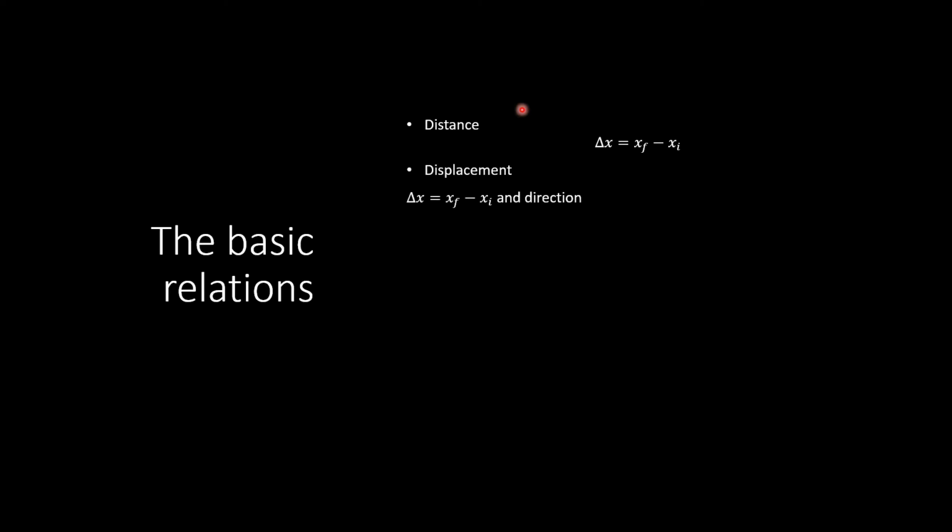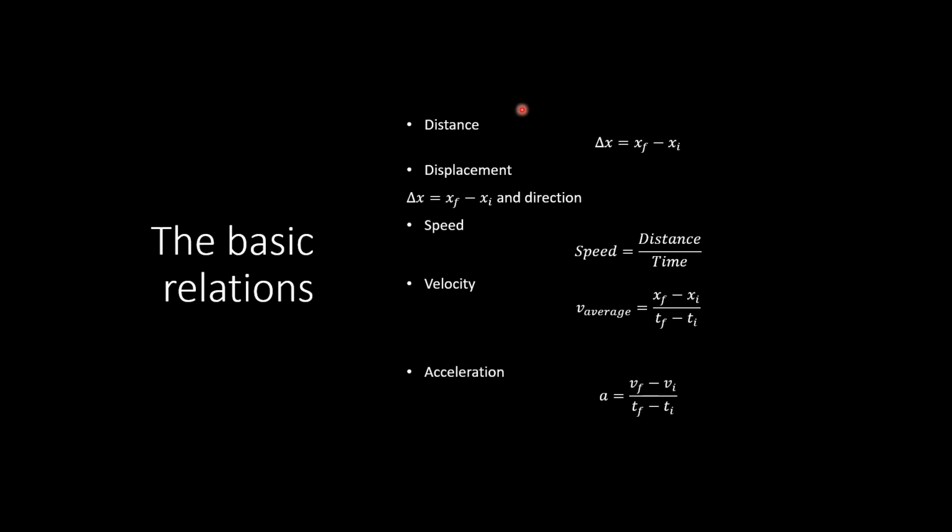And then displacement is the same thing, but you've got direction added with each of those. Your speed is distance over time. Your velocity is your displacement over time, and then acceleration is the change in velocity over the change in time during the period where that velocity change occurred. So that's what we had done up till now in the past three parts of unit one.